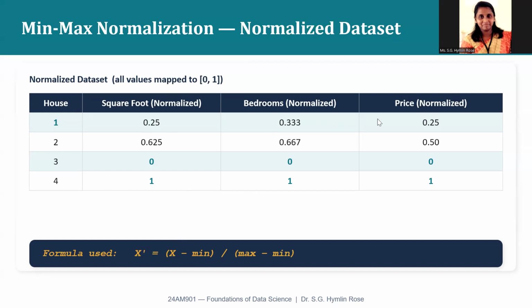See the results: all lie between 0 and 1, with minimum value 0 and maximum value 1. The output is always bounded within 0 and 1, it preserves the original distribution shape of the data, and it is a simple and computationally inexpensive method. This is min-max normalization.